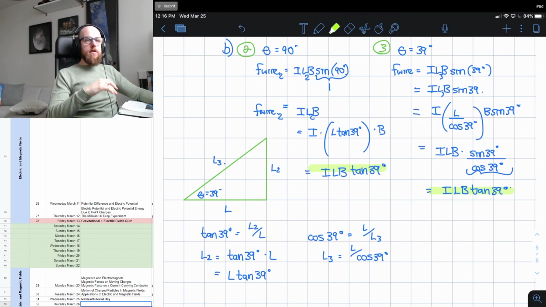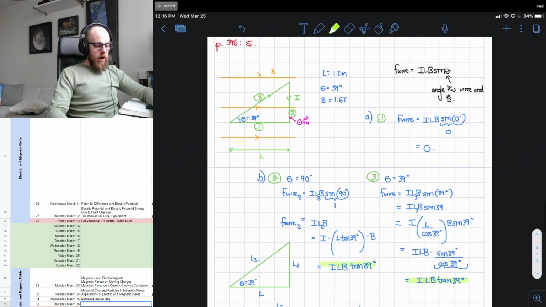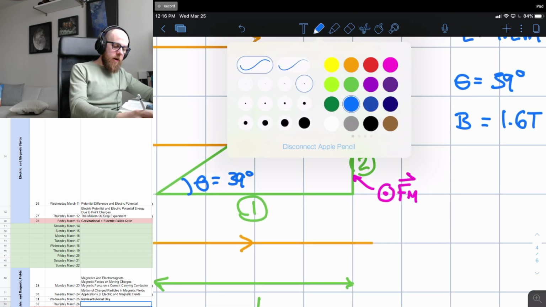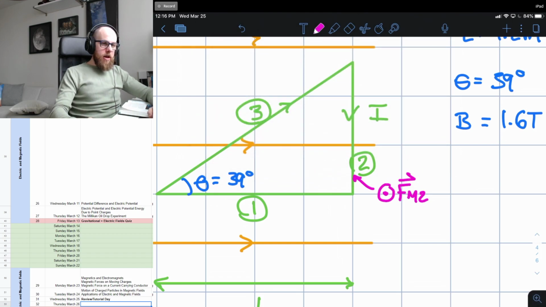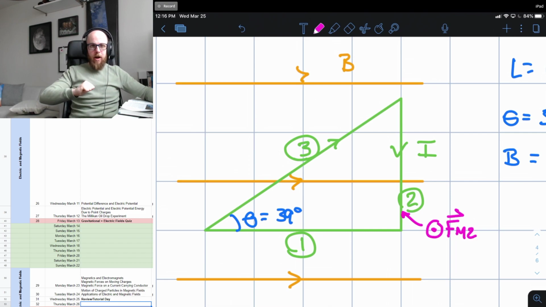But now I actually want to figure out what the direction of the magnetic force is. Both of these equations tell me the forces that are exerted on each wire segment, but I have to figure out what direction those forces are in, right? So I've already figured out that F M2 comes out of the page. Now, if I look at the third wire segment, again, I have to use my right-hand rule here.